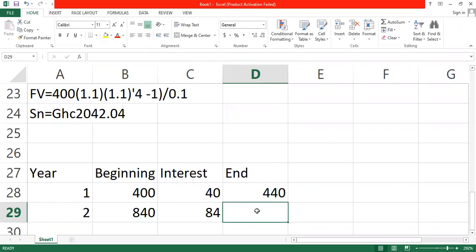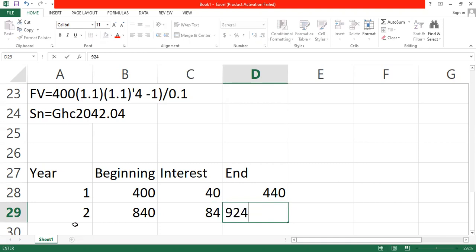Interest is calculated on only the money that you have from the beginning to the end. So you have this 840 in the account from the beginning to the end, so you earn interest on the 840, not the 440. Are you okay? So the figure will be 924, isn't it?